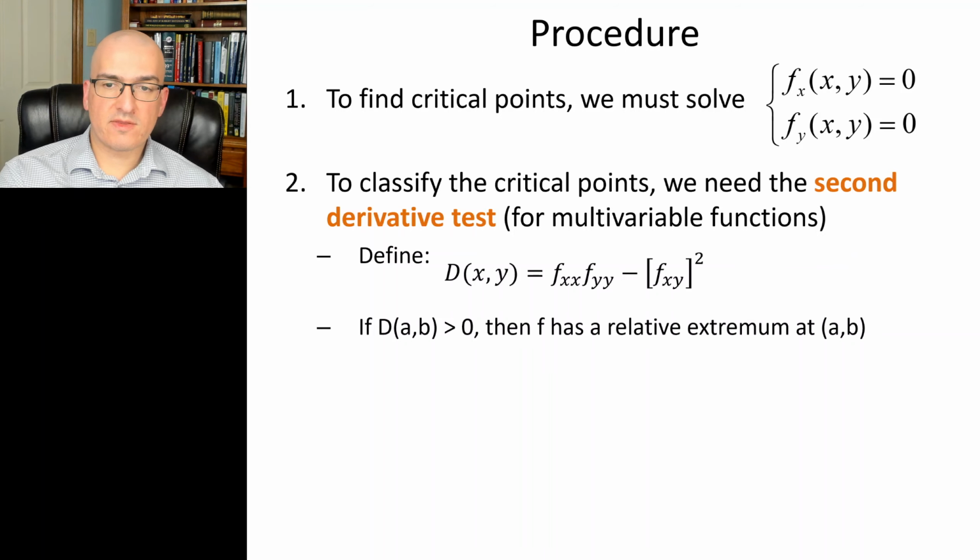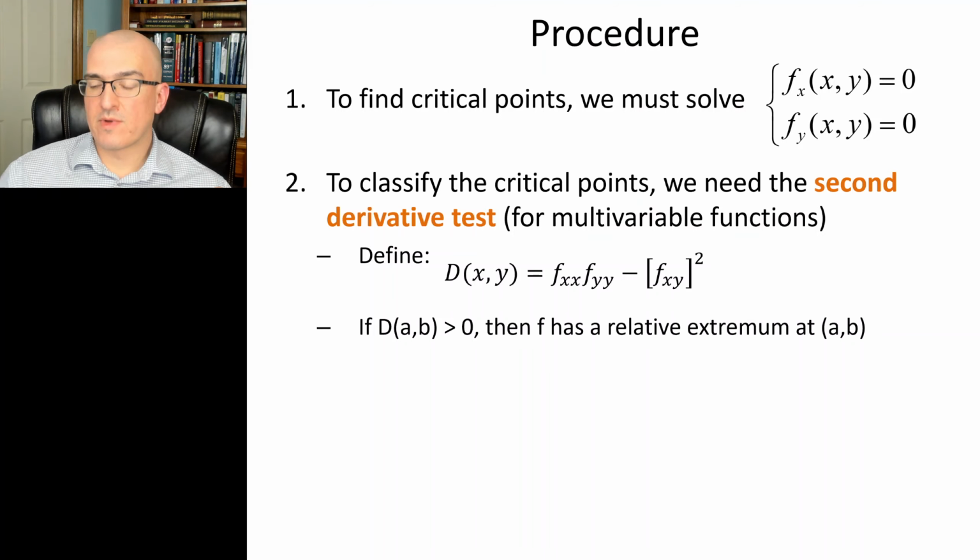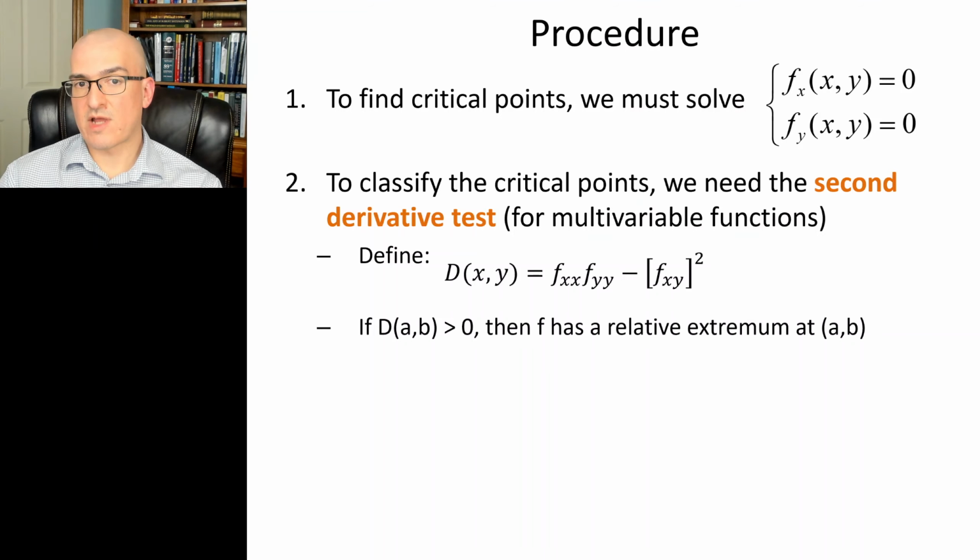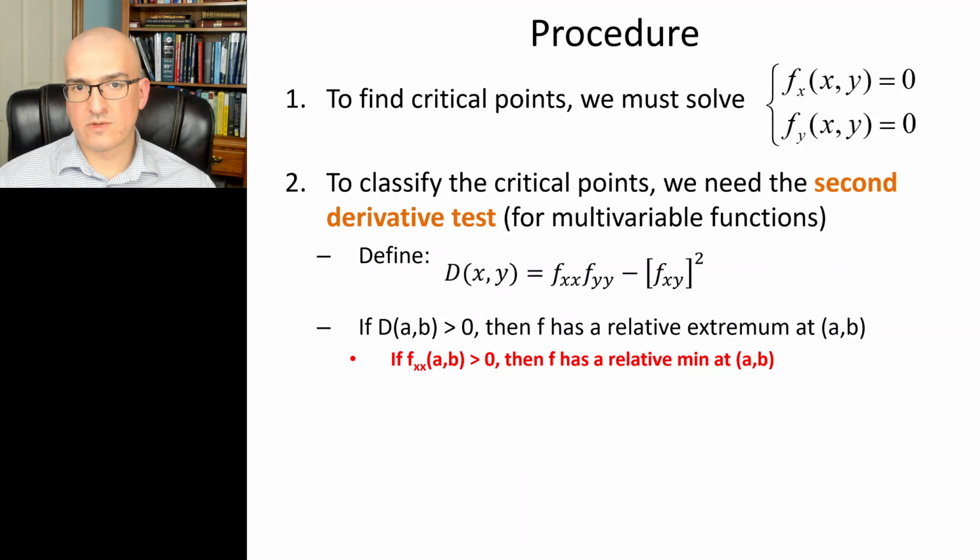When we plug the critical point into this diagnostic function, if what gets spit out is positive, then that means our critical point could correspond to a max or to a min. Then we have to classify between those. We can take either f double x or f double y and plug the critical point into there.